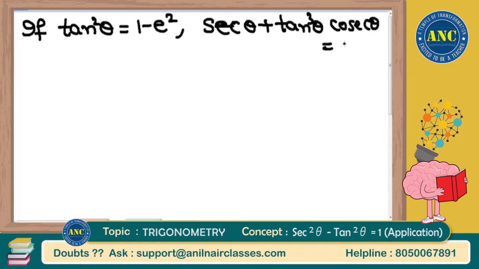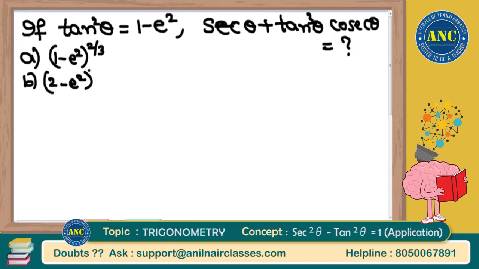This particular value we need to find. Options: 1 minus e square to the power of 2 by 3, 2 minus e square to the power of 2 by 3, 2 minus e square to the power of 1 by 2. Listen carefully, sir.